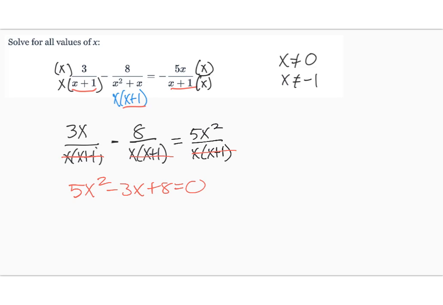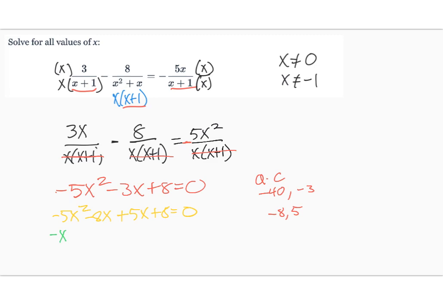So we're looking for things that multiply to negative 40 and add up to negative 3. That's going to be negative 8 and positive 5. So negative 5x squared minus 8x plus 5x plus 8 is equal to 0.